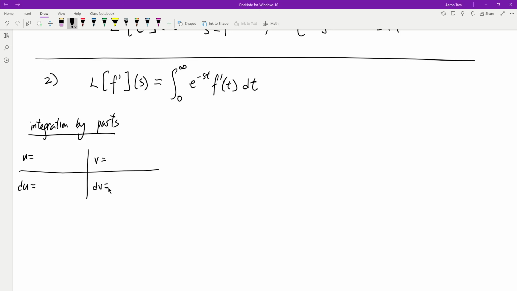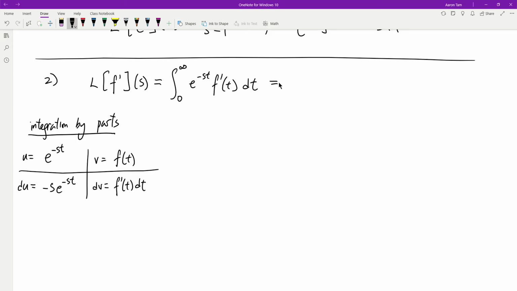But we want to avoid taking a derivative of this thing over and over. So I'm going to put f prime of t dt as dv, and u will be e to the negative st. So what's the derivative of e to the negative st? That would be negative s e to the negative st. The integral of f prime of t dt will be just f of t.